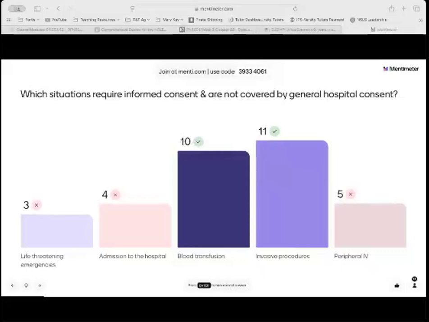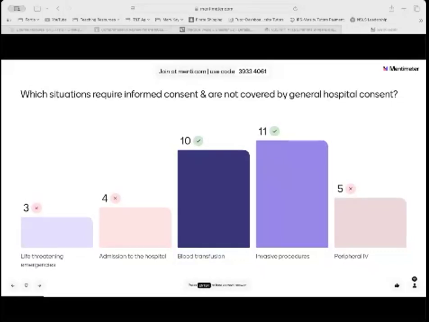So we know that blood transfusions have some extra risk associated with them. They aren't necessary or the only option for treatment. We do have other options that we can use if patients refuse to receive blood. But because there is that extra risk factor, we require that informed consent.